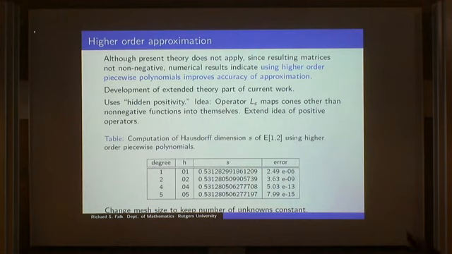To see why you'd want to do that, I just did some trivial computations. I kept the number of unknowns constant, so if I increase the degree, I increase the h. And you can see, even with that, I'm certainly getting very good approximation as I increase the degree of the polynomial.